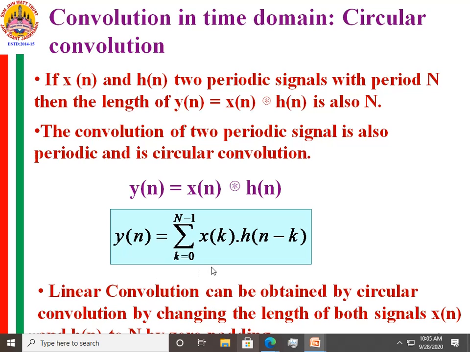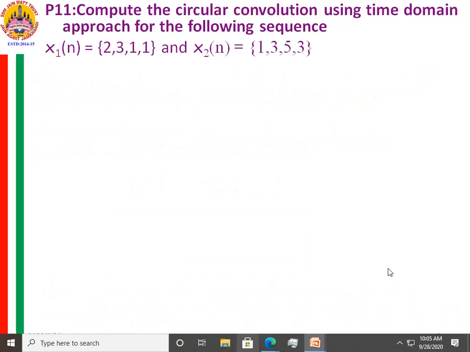So we say that the linear convolution can be obtained by circular convolution by changing the length of convolution, or if you have the signals x[n] and h[n], those being finite duration sequences, make their length equal to capital N, which is equal to M plus P minus 1, M being the length of the signal x[n], P being the length of the signal h[n], and the length of convolution is M plus P minus 1.